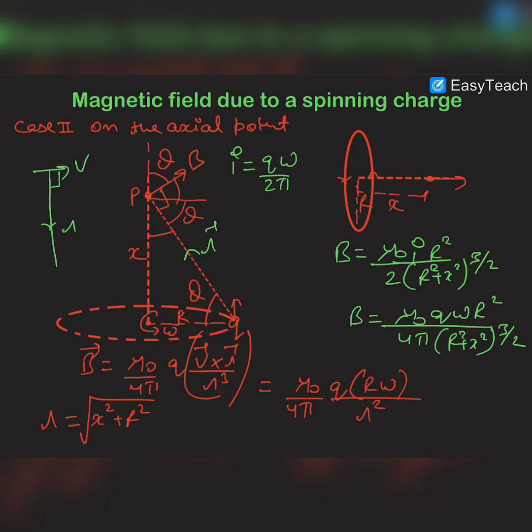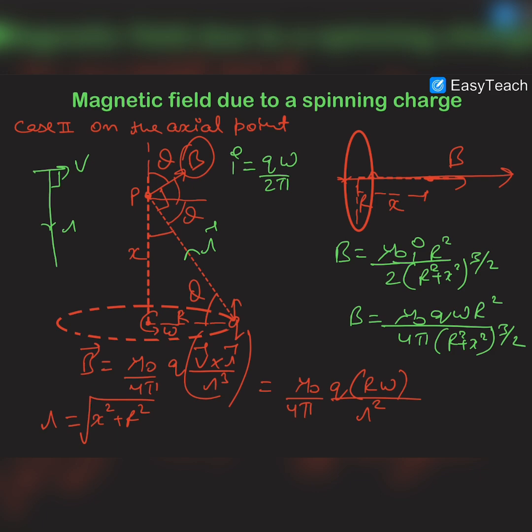And this is due to the fact that when we consider a current carrying ring, then we are finding out the net magnetic field along the axis of the ring. But this is the magnetic field which is not along the axis of the ring. In fact, its component, which is B cos theta, is along the axis of the ring.